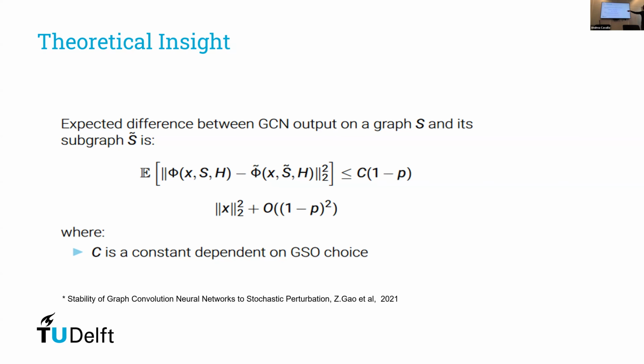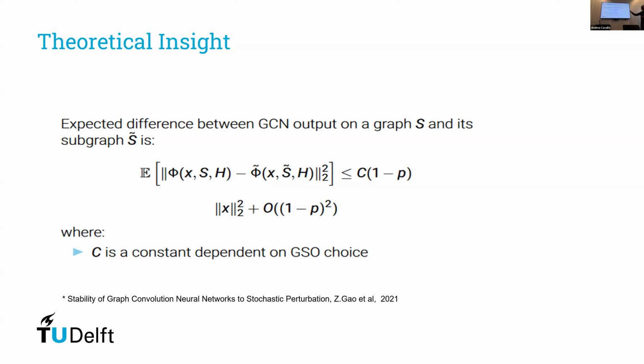The C in the formula is a constant, the Lipschitz constant, that is dependent on the choice of the graph shift operator. It's also dependent on some other properties like the number of layers of your graph neural network and so on. But it's dependent on the choice of the GSO, where the P is the probability of link loss.